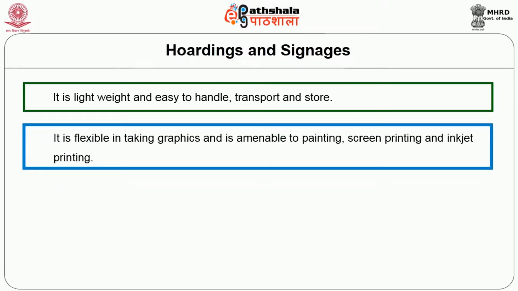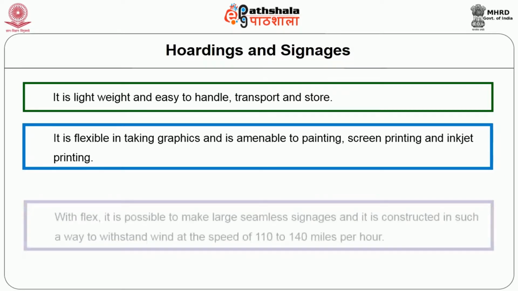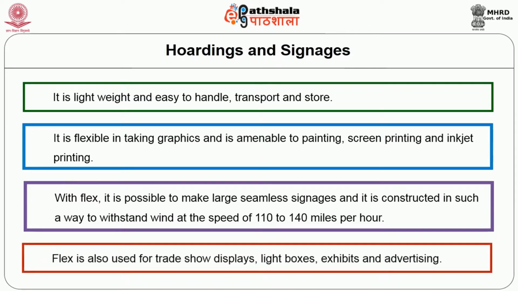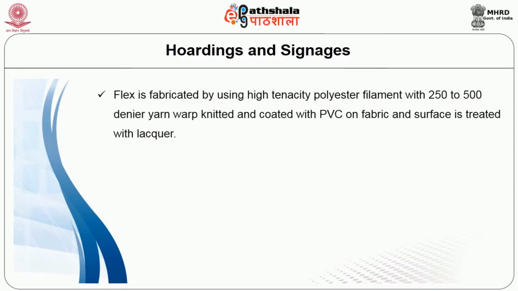It is flexible in taking graphics and amenable to printing, screen printing and inkjet printing. With Flex, it is possible to make large seamless signages, and it is constructed in such a way as to withstand wind at a speed of 110 to 140 miles per hour. Flex is also used in trade show displays, light boxes, exhibits and advertisements.